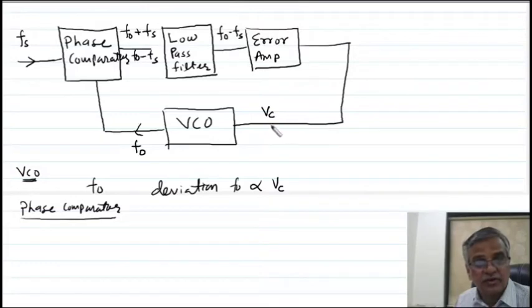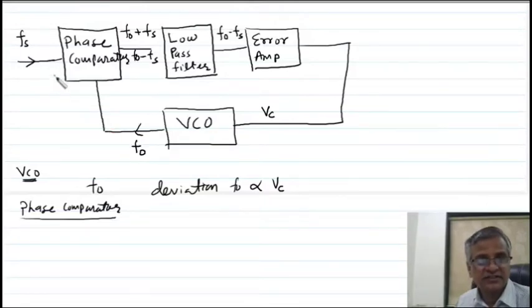You can say that this VC changes the frequency FO towards the incoming frequency Fs and tries to reduce the frequency difference between the two signals Fs and FO. So VC tries to change the frequency of the VCO in such a direction.